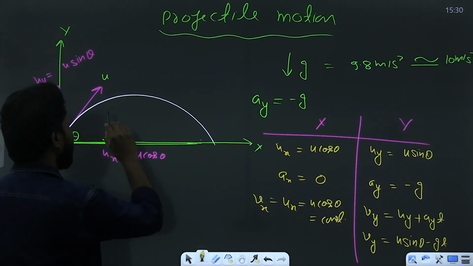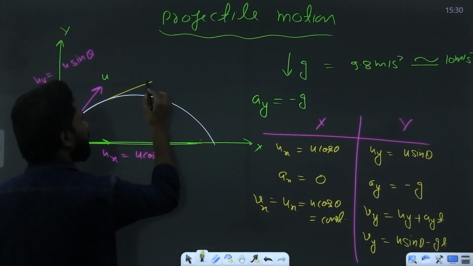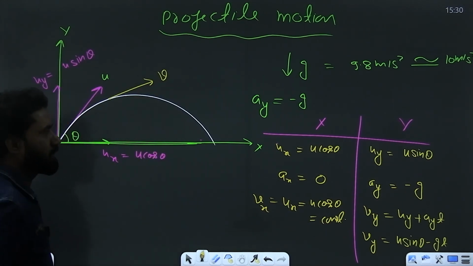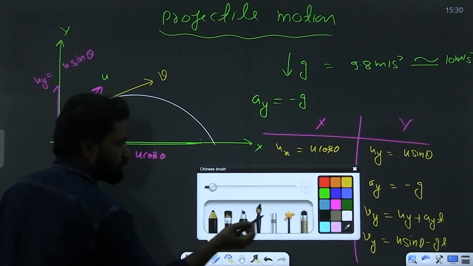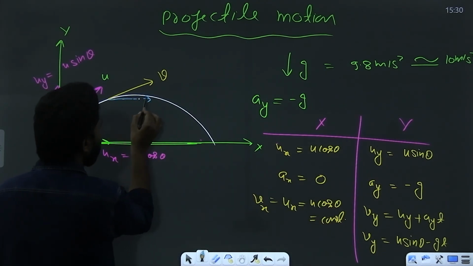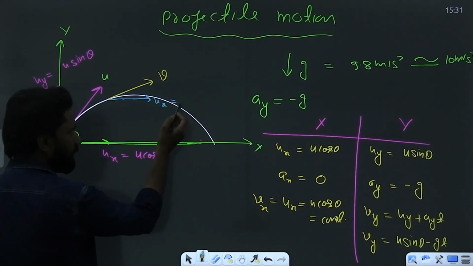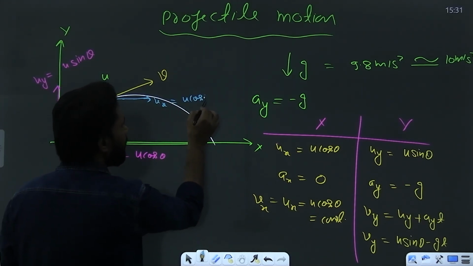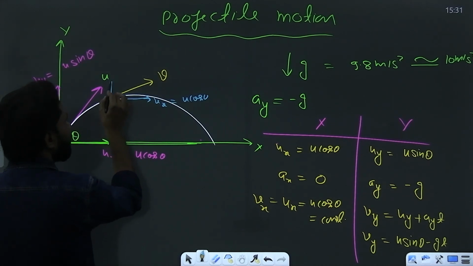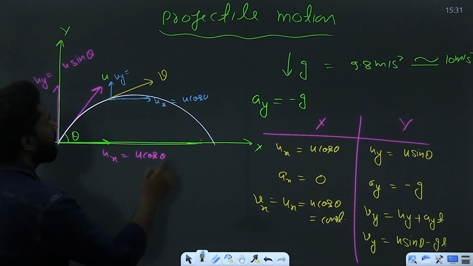Suppose at time t the particle is here, so the velocity will be along this direction. It has two components. One is vx, which always remains constant, that is u cos theta, and the vertical component vy will be equal to u sin theta minus gt.